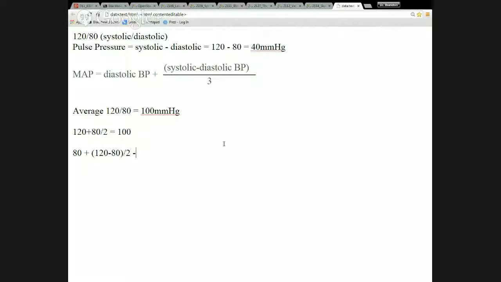Okay. Same idea. The mean arterial pressure equation that I have up here is essentially the same thing with one difference. What's the difference between what's written up here for mean arterial pressure versus how I just calculated the average between 120 and 80?